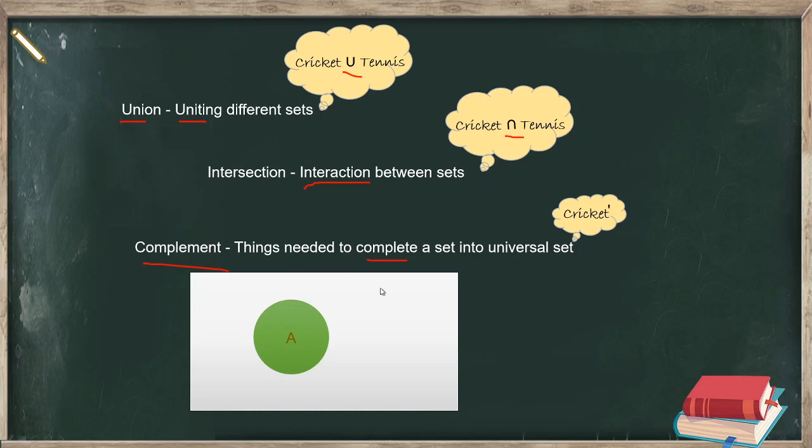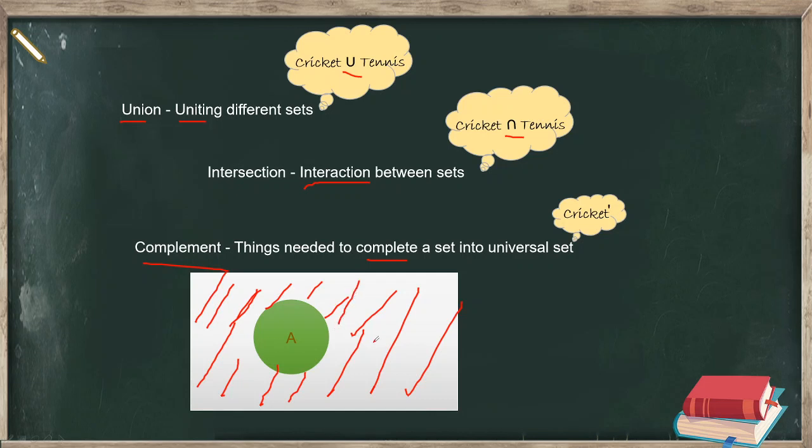Everything outside A is my A complement. When I say A complement, it means everything outside A, everything that A should take in to make it a universal set. So this part is called a complement. Remember that this is the symbol for complement. Okay, let's move on.